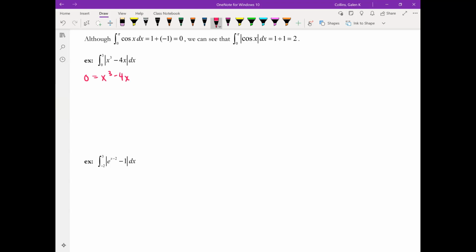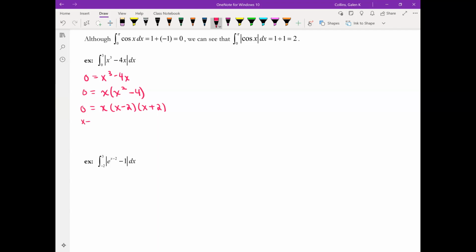I'm just working with the integrand. I will always factor. I will never, ever divide both sides by x. And when I get a difference of squares, it's my preference to factor that as well, so as to not forget the positive and the negative solution.